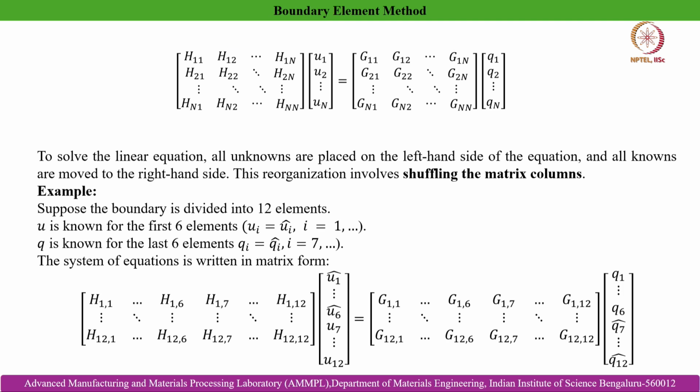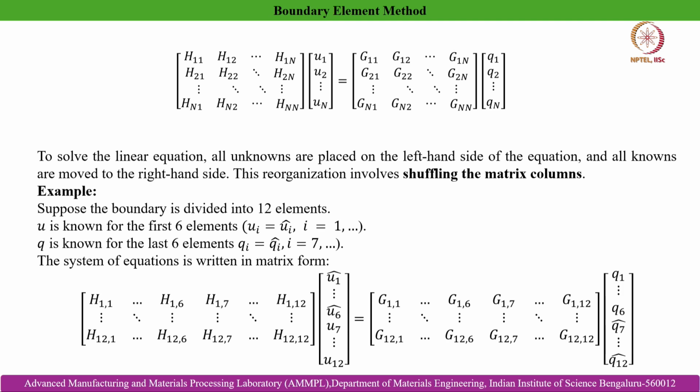Similarly, the second row has first column, second column, up to the nth column. U is a column vector with n rows, G is an n cross n matrix, and Q is a column vector having n rows. To solve the linear equation, all unknowns are placed on the left hand side of the equation and all knowns need to be moved to the right hand side of the equation.